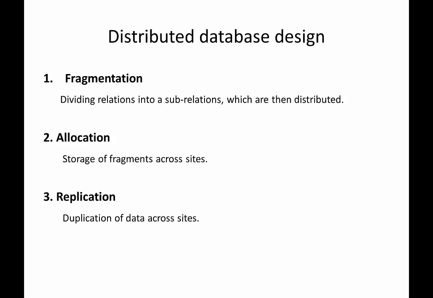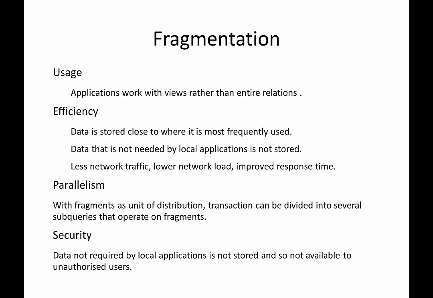So there's the process of dividing your relations, your tables, into fragments. Then there's deciding where those fragments are going to be stored across your network of databases. And then there's the question of how much data you duplicate across the sites, and how you deal with reconciling conflicts between changed duplicated data.